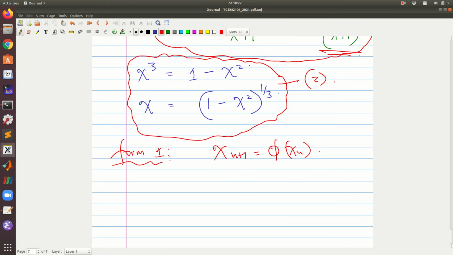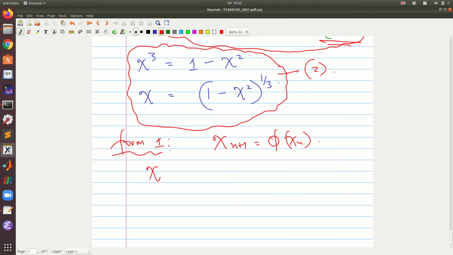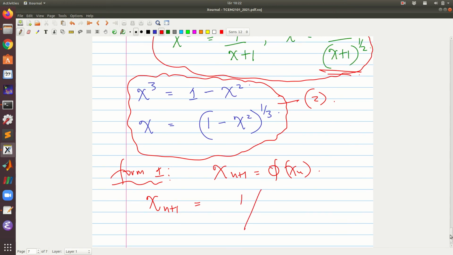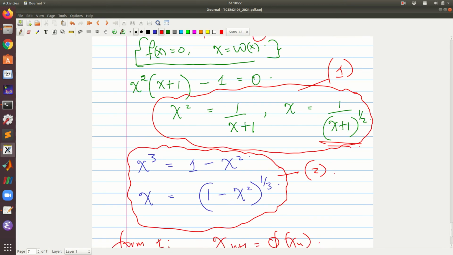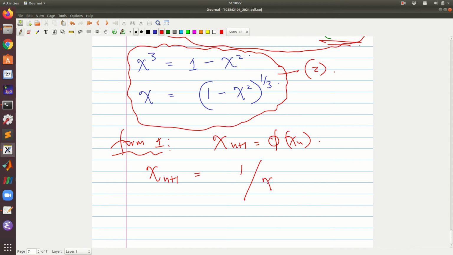So we would simply say that we have x_{n+1} equals (1 over x_n plus 1) to the power 1/2. Okay. What about for form 2?